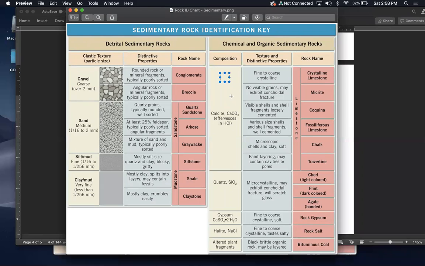So that's a great way to eliminate some of these. Also, down at the bottom, you see coal. That's one of the few black rocks that are out there, especially in the sedimentary world, where that would be the only one that's actually jet black.